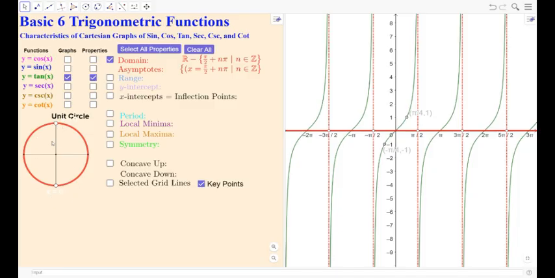Well, what angles are those? Straight up would be pi over 2, straight down would be minus pi over 2. So we see that this function has holes in the domain. The domain's the x value, so I projected that down the x-axis.